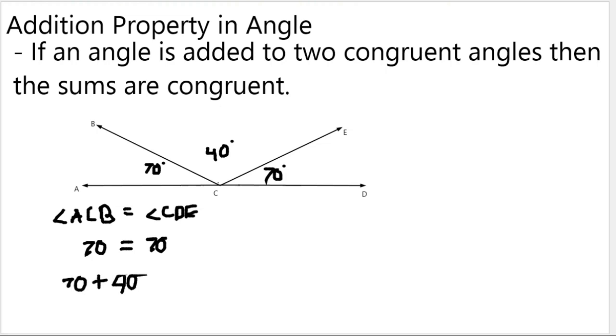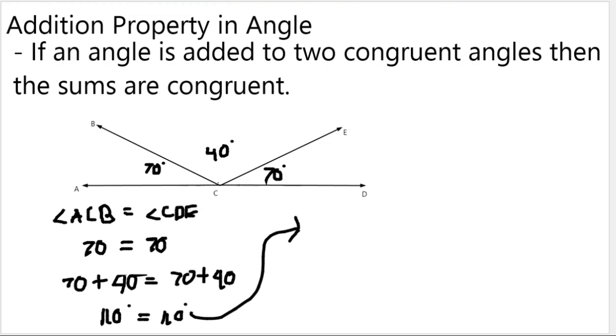and we're going to add another angle. So if we're going to take the sum of this, we will have 110 degrees, and it will create another angle, which is the angle ACE and angle DCB. So that's the addition property in angle.